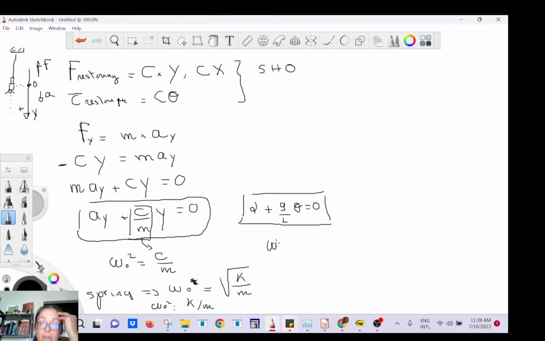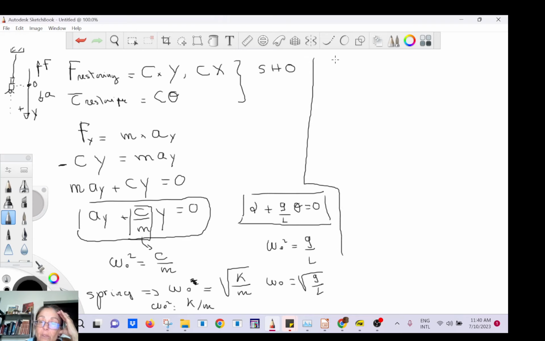So we have that omega 0 squared equals g, which is gravity, over L. And we talked about that. So as long as you have this type of equation, then you know that you have a simple harmonic motion, right?